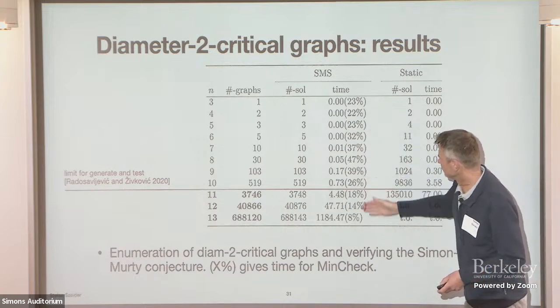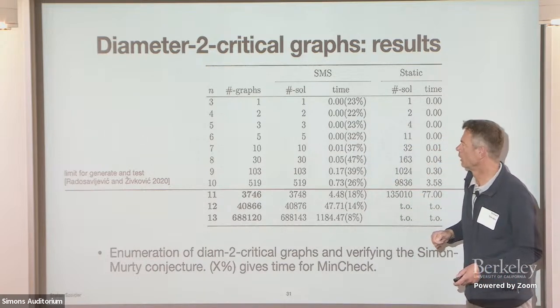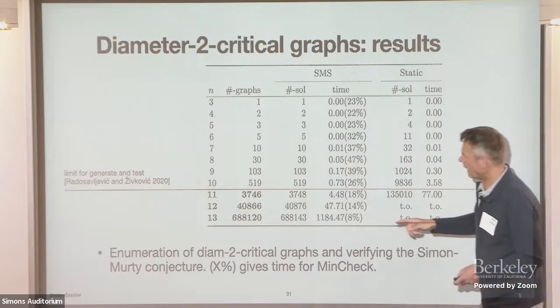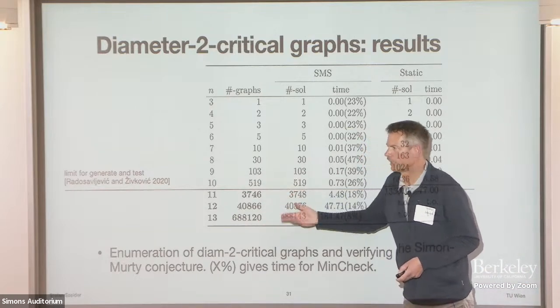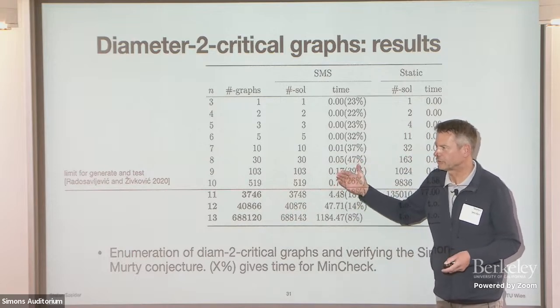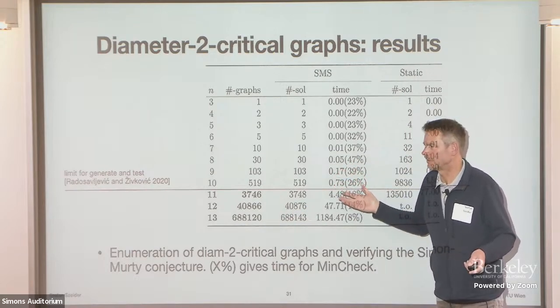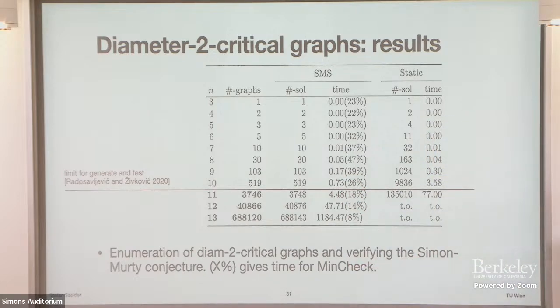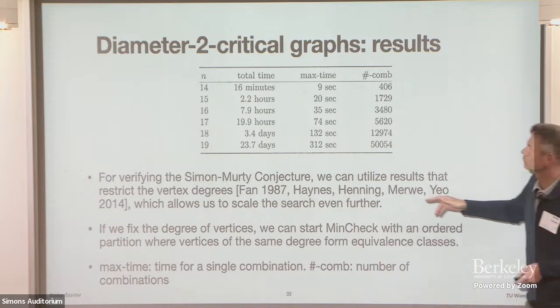Here in parentheses, you see also the percentage of the time that's spent on the minimality check. But just for the conjecture, we don't need to enumerate all graphs. We can just give a bound on the number of edges and show unsatisfiability. So basically, there is no output, no graph is put out. And there we can even go to 19 vertices.